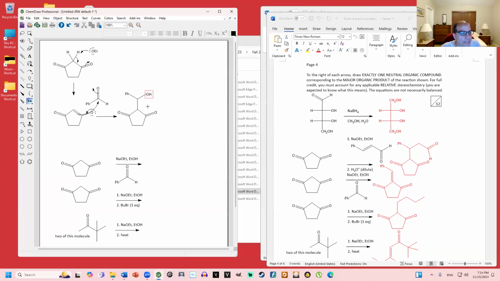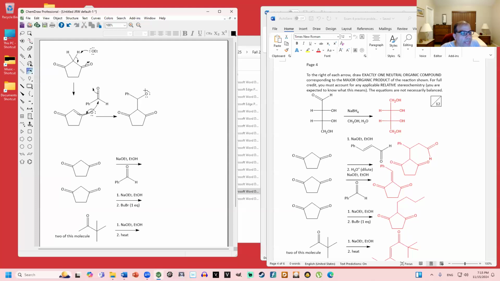So at first you will get this alkoxide ion. Again, this aldehyde hydrogen is still there, I just didn't draw it.